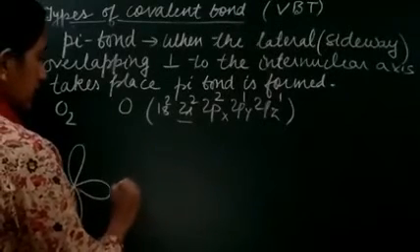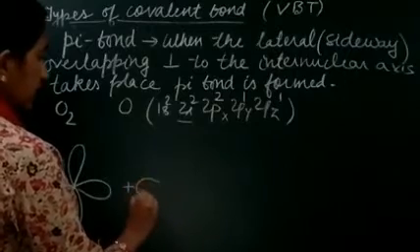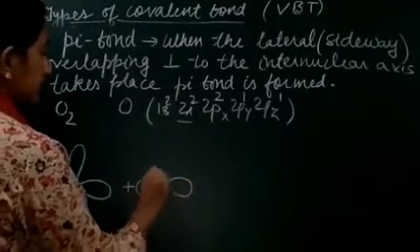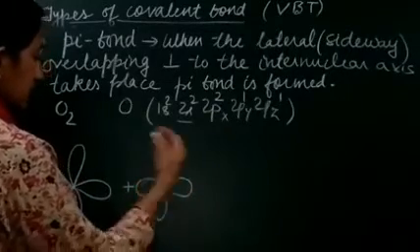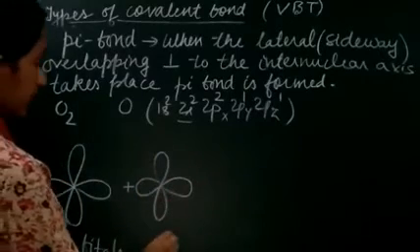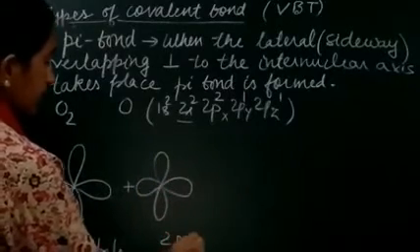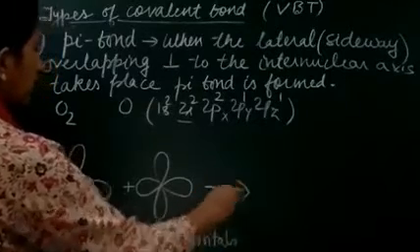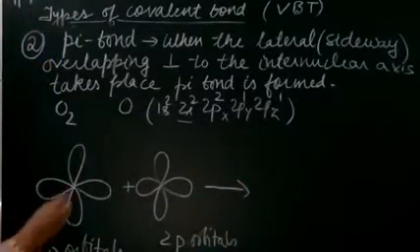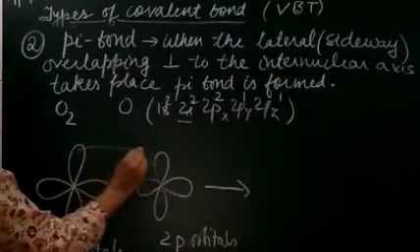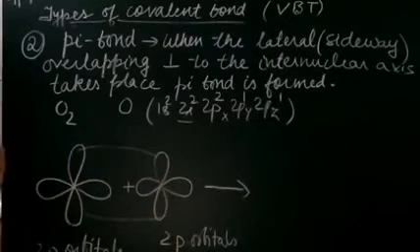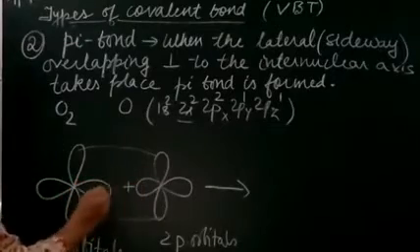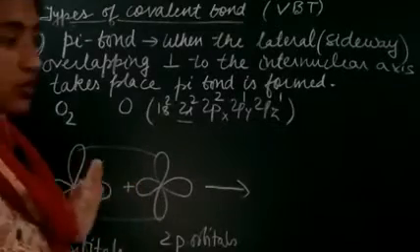Similarly, there will be another oxygen atom. Now when the overlapping takes place, this and this is the pi bond overlapping. Before that, the sigma bond formation will take place.